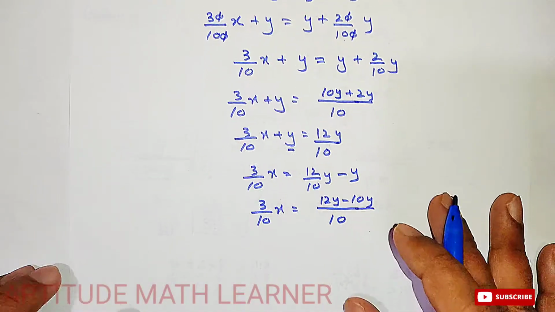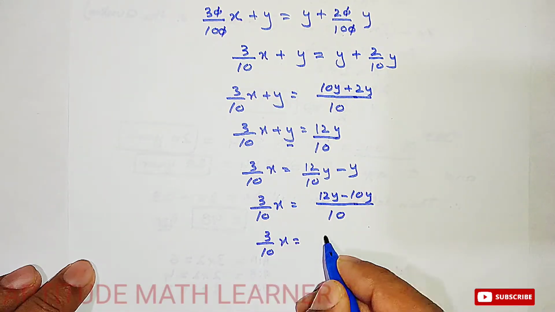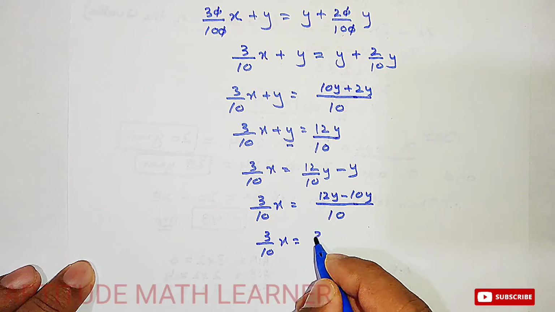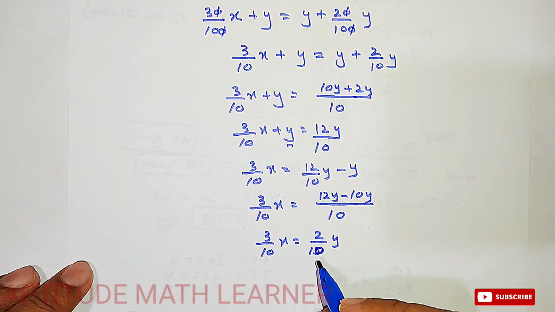Further, 3 divided by 10 x is equal to 2 upon 10 y. So 12 minus 10 is 2.